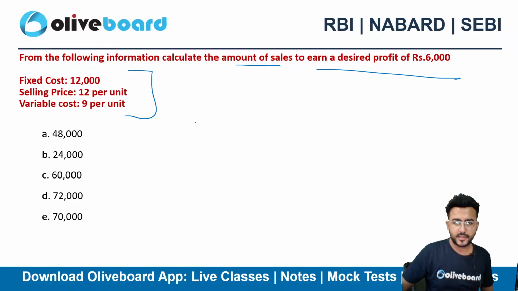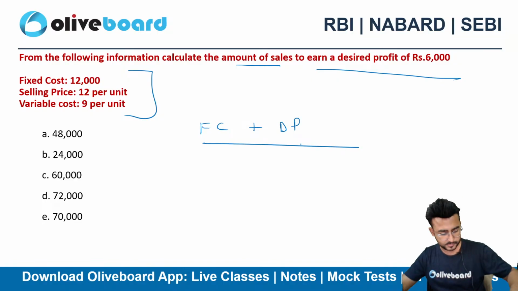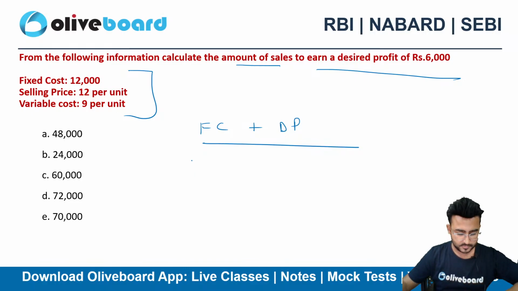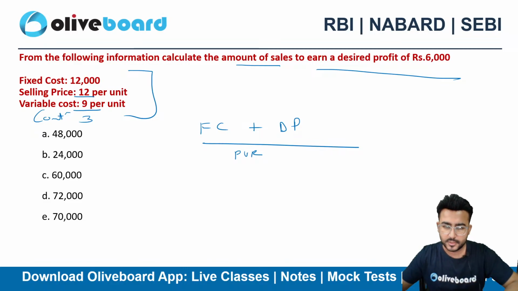How to calculate it? What is my fixed cost? What is my desired profit divided by my PVR? What will be the PVR? Selling price is 12, variable cost is 9. So can I say that 3 rupees is my contribution per unit? So 3 divided by 12, 25% is my PVR.